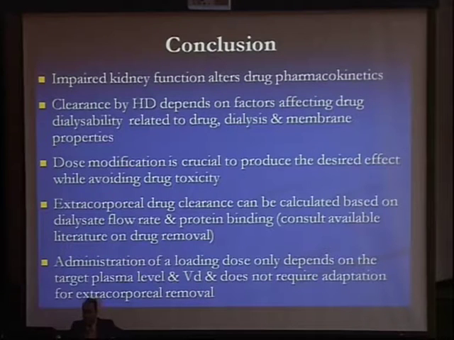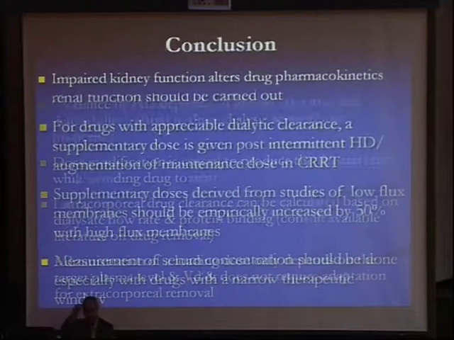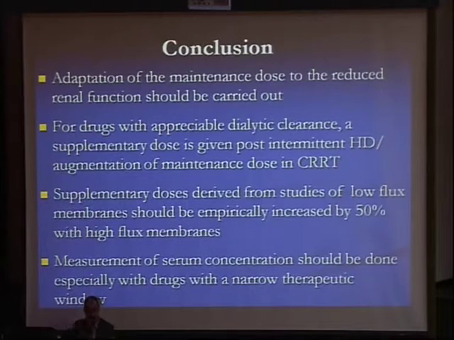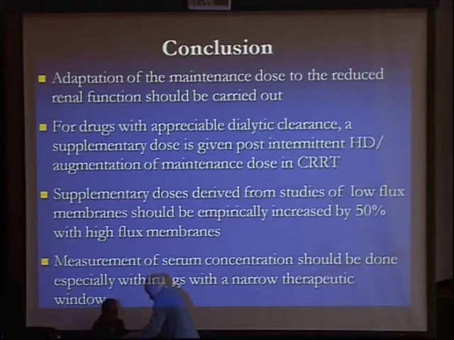Administration of the loading dose depends only on the target plasma level and the volume of distribution. It does not require adaptation for extracorporeal removal, whereas the maintenance dose needs to be reduced according to the renal function. For drugs with appreciable dialytic clearance, a supplementary dose is given post-intermittent hemodialysis, and you do augmentation of the maintenance dose in continuous renal replacement therapies.